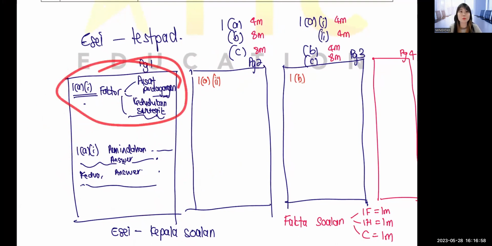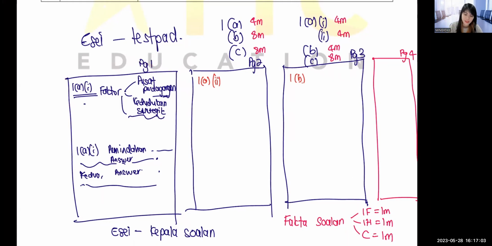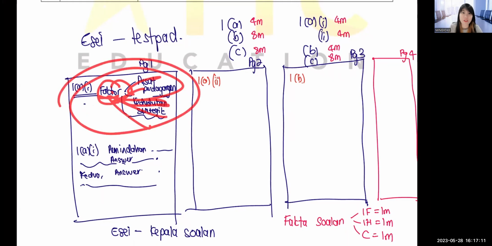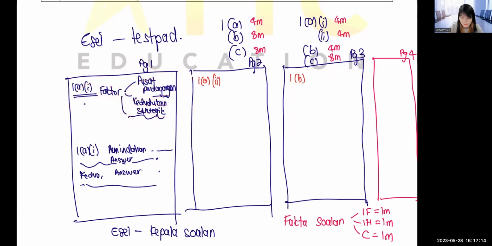So those of you who like to write a draft, you must write 1A1, then you write the factor, then you write the draft. You just write whatever your draft is, and after writing your draft, don't cancel out. Just leave it.